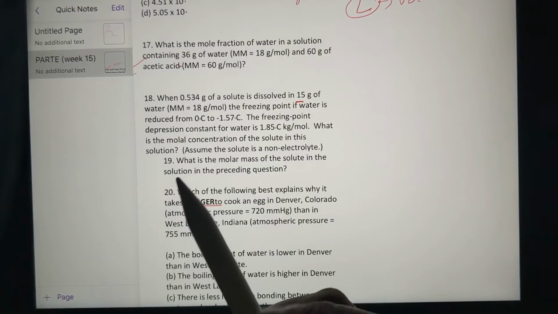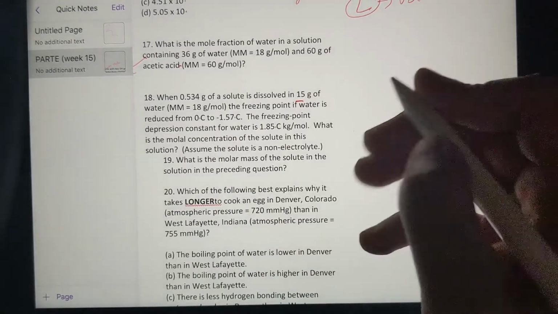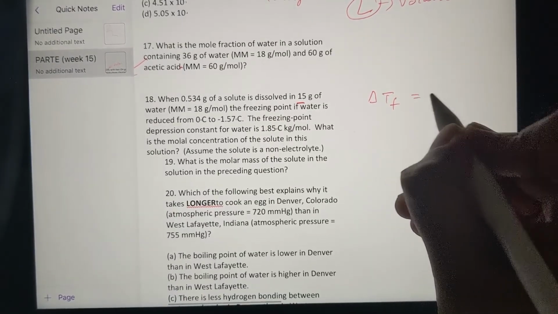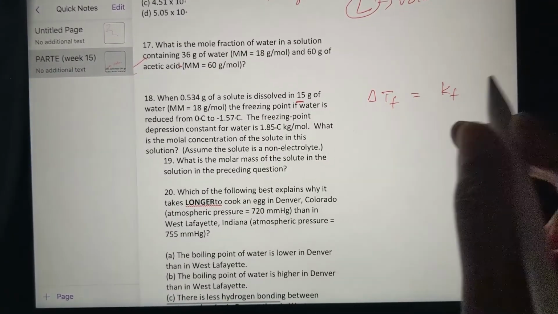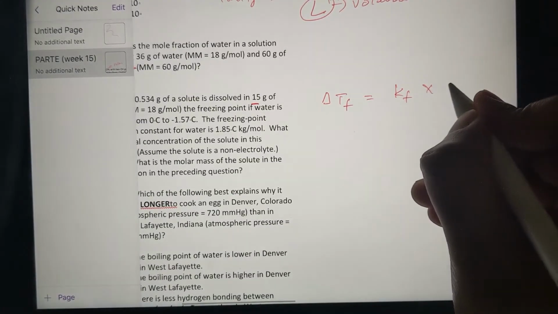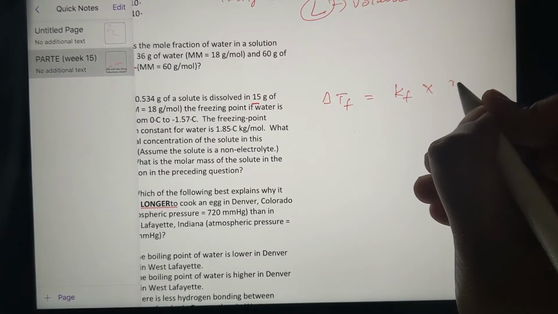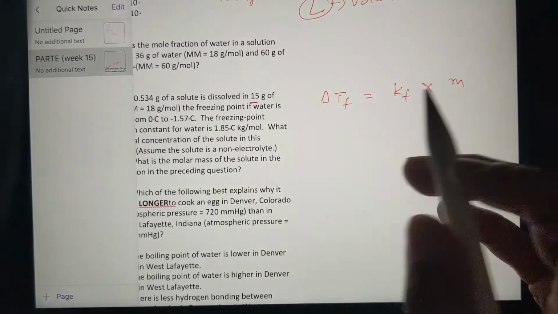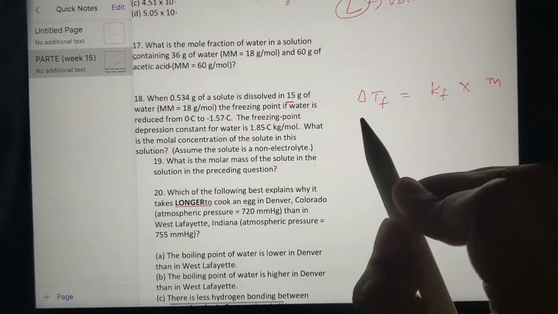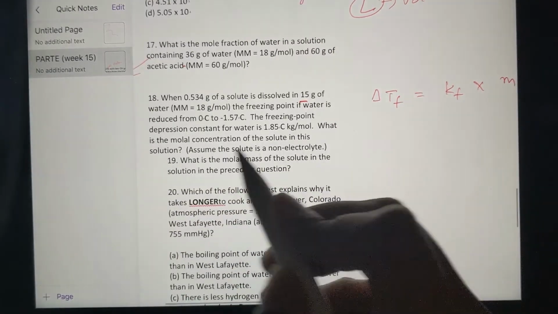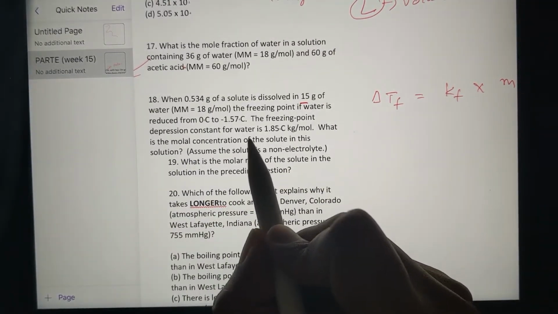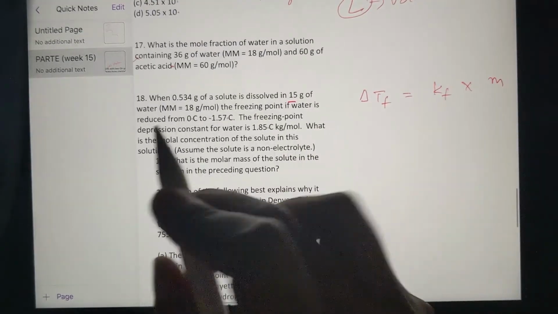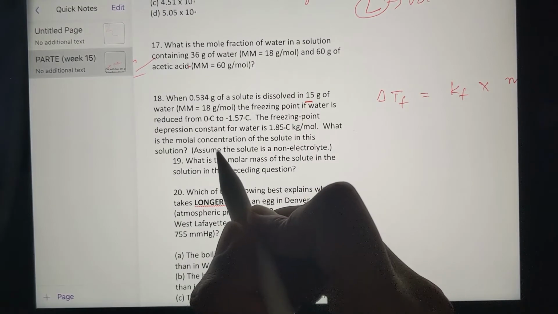Okay, so for this one you're going to use this equation, which is delta TF is equal to KF into m. So delta TF is the change in freezing point, KF is your freezing point depression constant, which is given, and m is the molality of the solute, which is what this question is asking you to calculate.